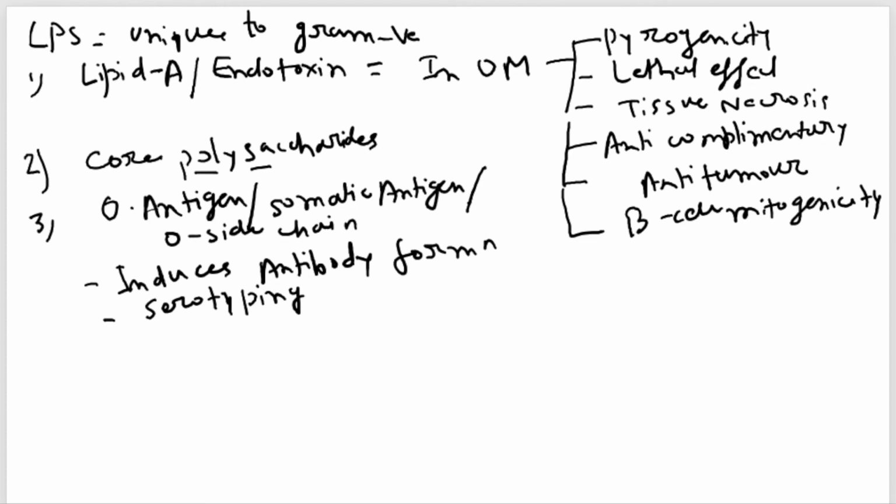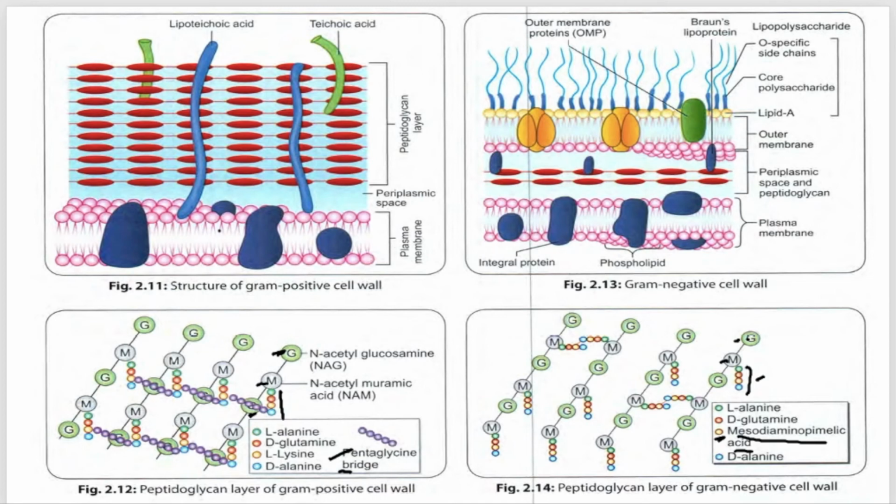So we will see the structures. Let me show you. Here you see this is positive and this is negative. In the positive we studied that there is a peptidoglycan layer, then the plasma membrane, a phospholipid bilayer with internal proteins and transmembrane proteins, and then teichoic acid, which may be cell wall teichoic acid or lipoteichoic acid.